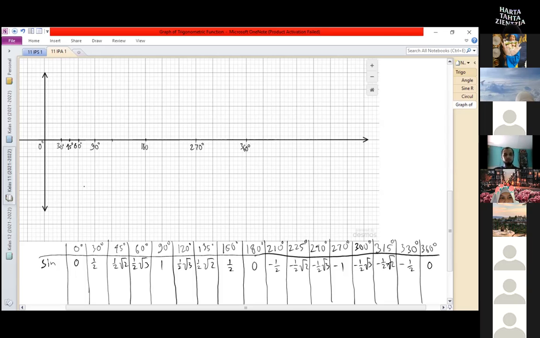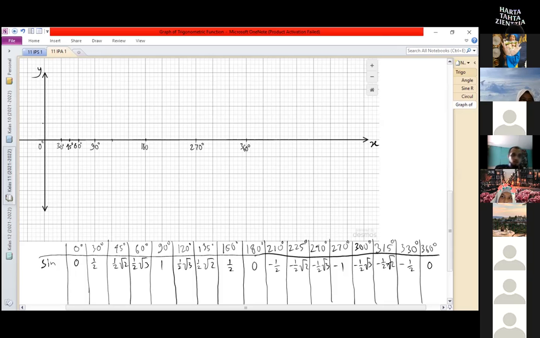Okay, next thing is drawing the, also, that's for the x-axis. For the y-axis, you should do the same. So if you have 0 and then 1/2 and 1/2 square root of 2, so it's not like this, yeah.